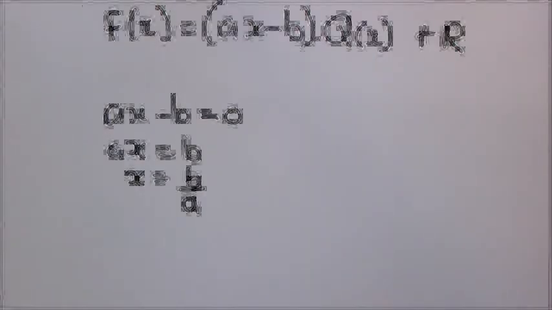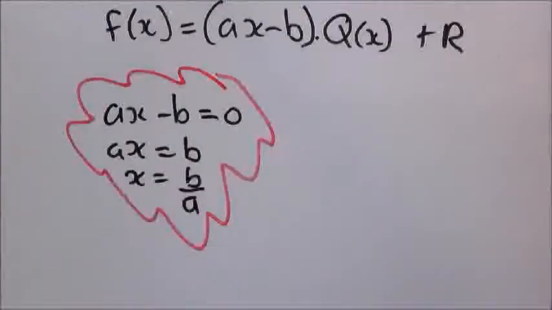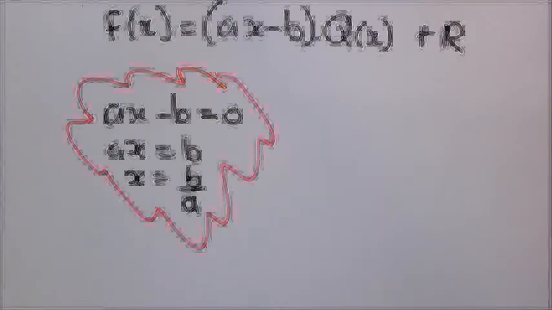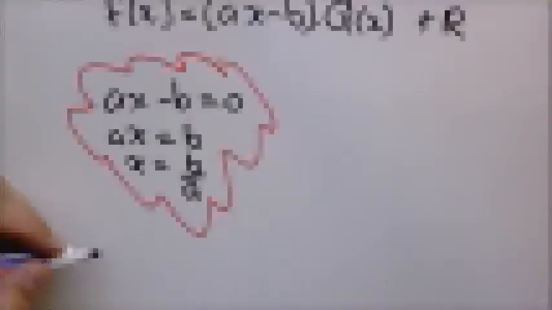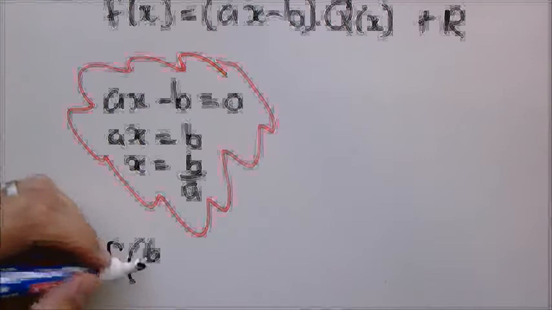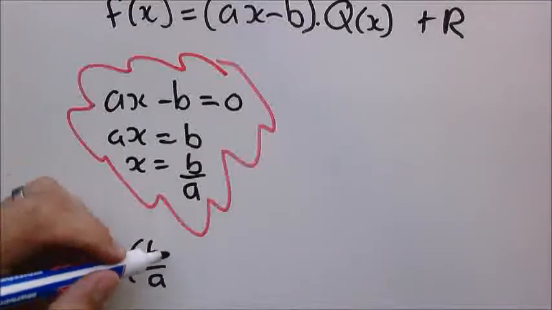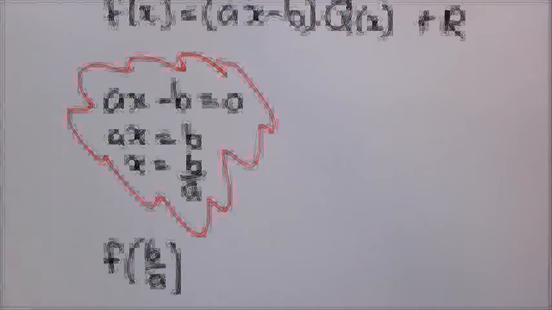So keep this in mind. This is where they got the b over a. So it basically says the following: if we substitute in x's place b over a, we will get an expression that's only equal to r. Now let me prove that to you.